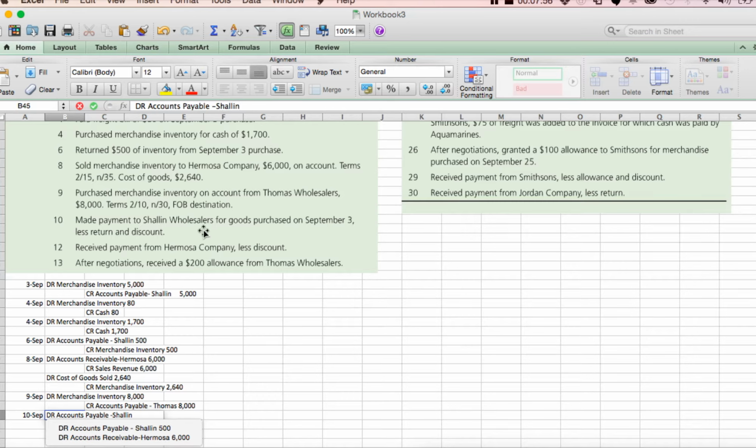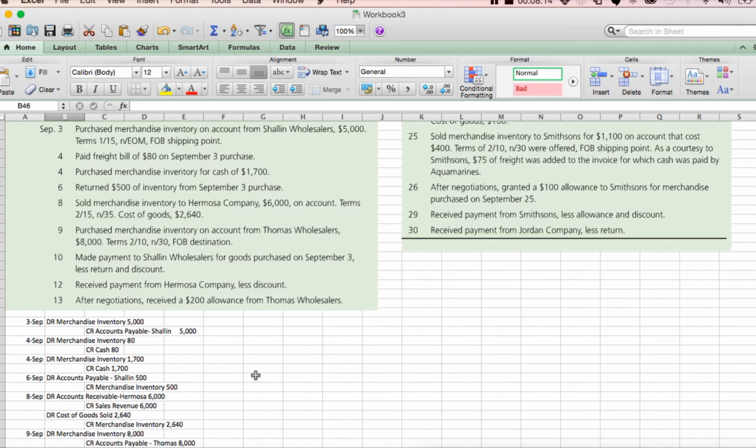We had this $5,000 here as the original amount. We returned $500 of that. So the entire accounts payable that we owe right now is $4,500. So we're going to want to cancel that entire $4,500 off.